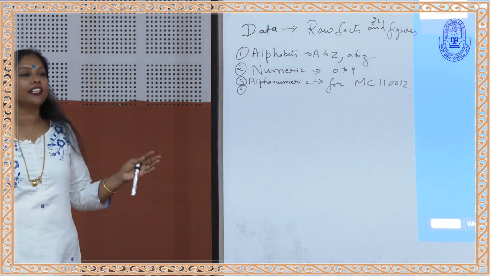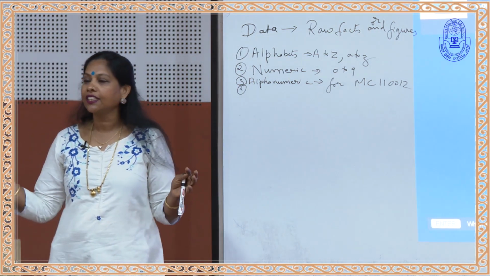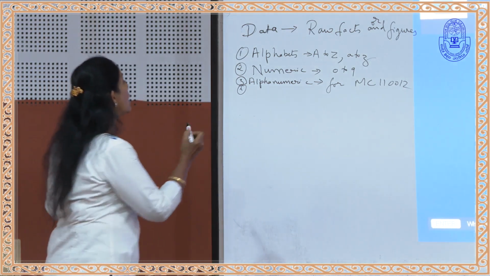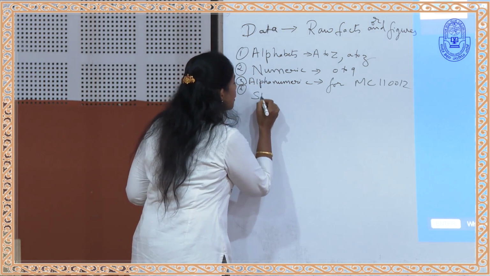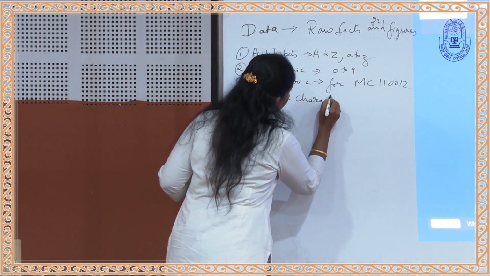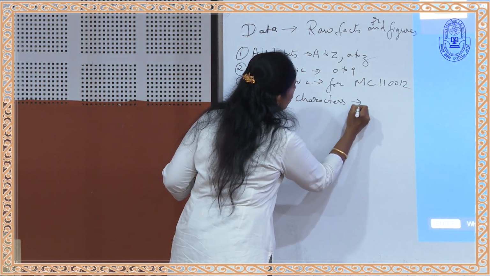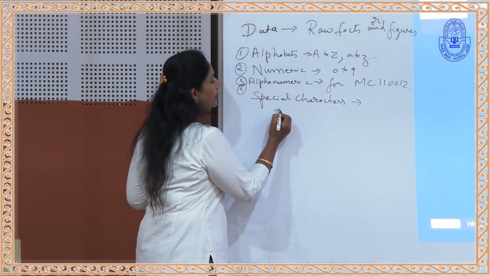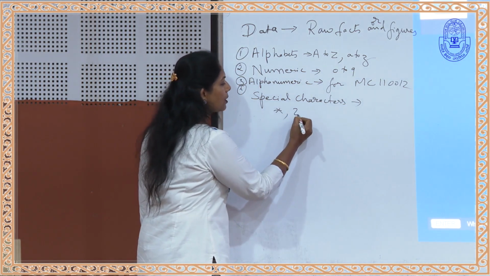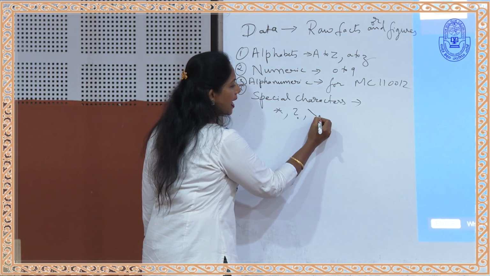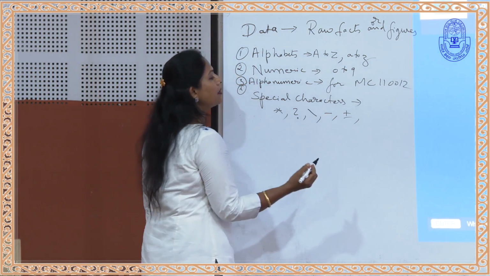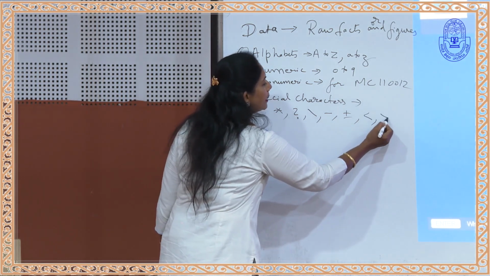You have seen the keyboard of computers. You might have observed a question mark symbol, an exclamatory symbol. They are called special characters. You have seen the asterisk symbol, question mark, slash, minus, plus or minus, less than, greater than.